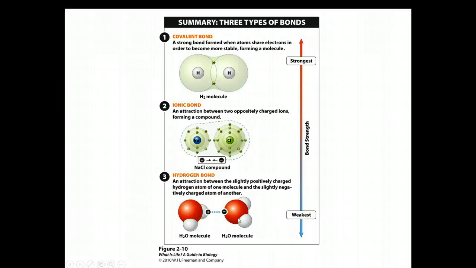This is why, if you look at gutters, water will tend to go around the outside of the gutter, and that's a cohesive force, and it will follow along because of that slight charge here. And so in terms of strength, the strongest would be the covalent bonds, ionic bonds sort of in the middle, and then the weakest are these hydrogen bonds.